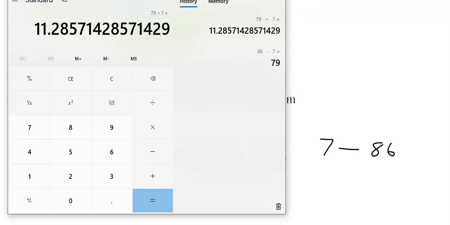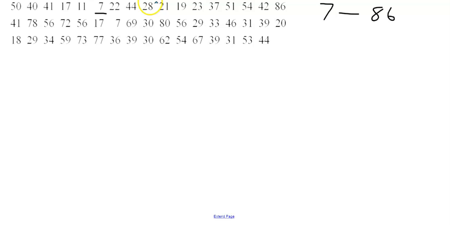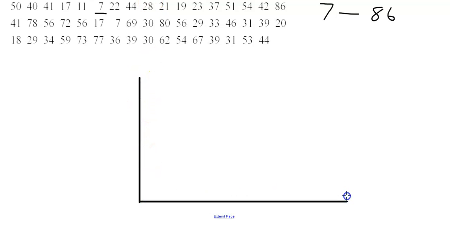So about 11. Okay? So that means when I make my numbers down here, I'm going to start at 7. Okay? And then I'm going to add 11, so that's going to be 18. I'm going to add 11 again, which is 29.